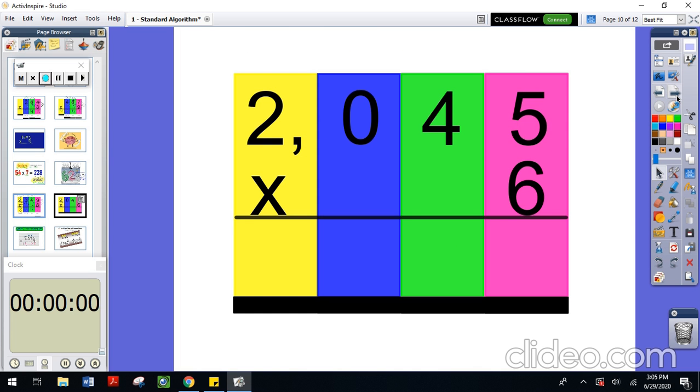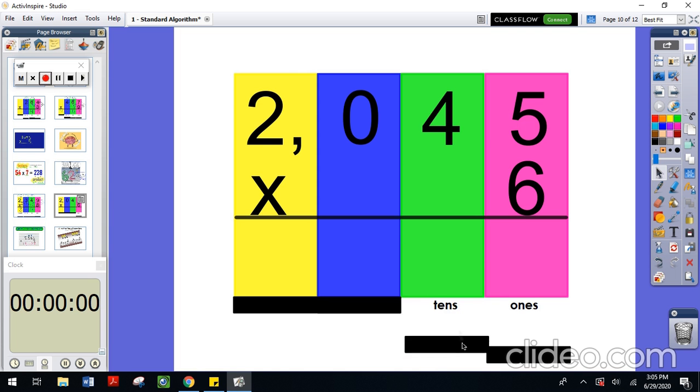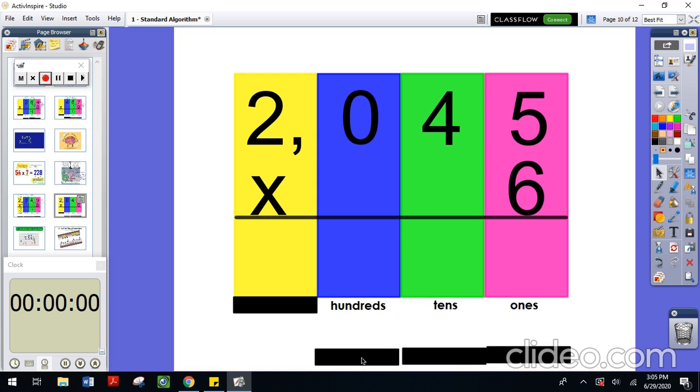If we look at one more example, we have 2,045 times 6. Again, starting with our place value, the purple represents the ones place. The green represents the tens place. The blue represents the hundreds place, and the yellow represents the thousands place.